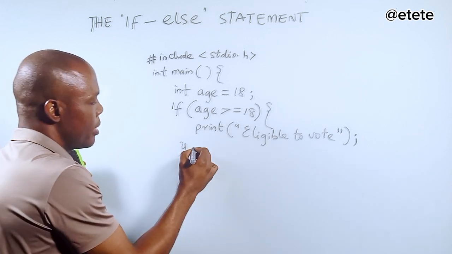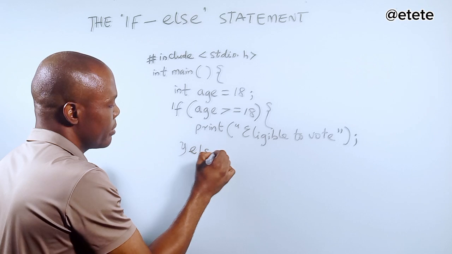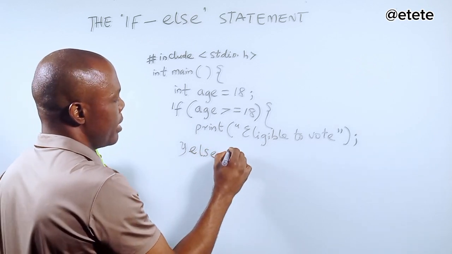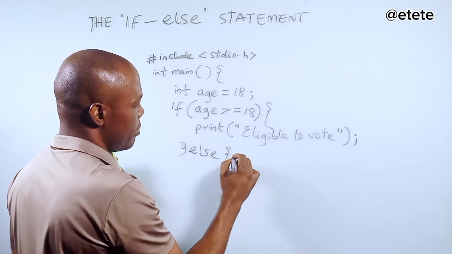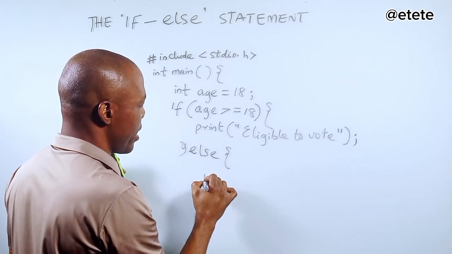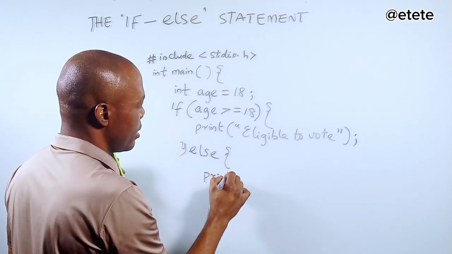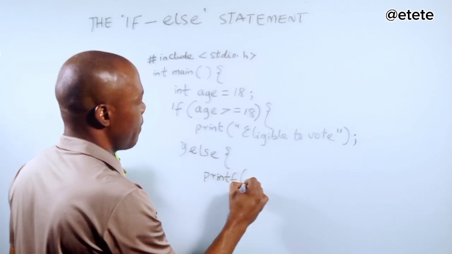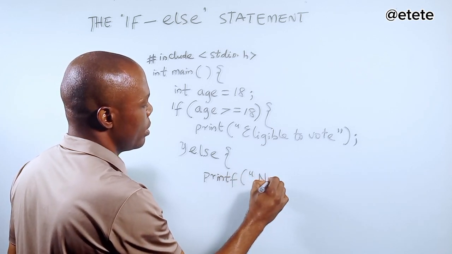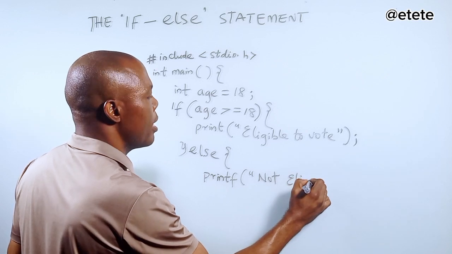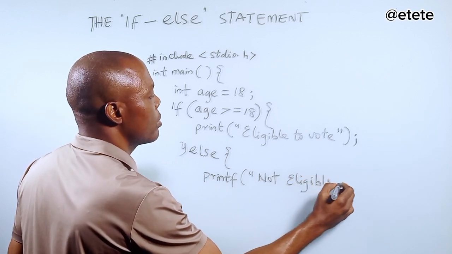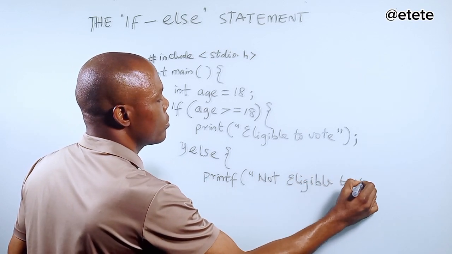Then we are going to close this, right? Then here we'll say else, and then we'll put this, and we'll come here and write printf not eligible to vote.